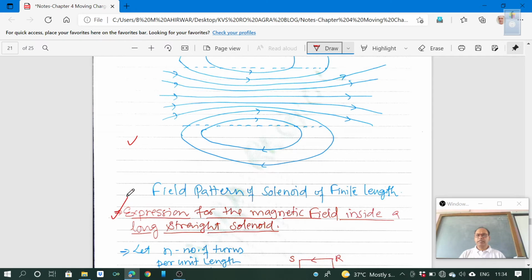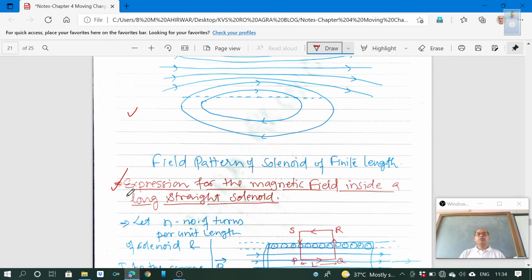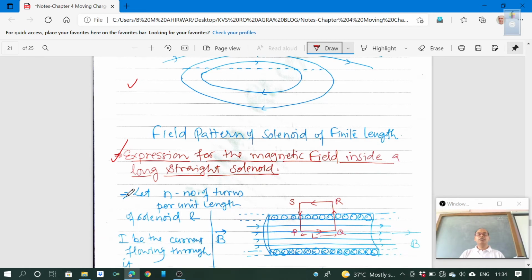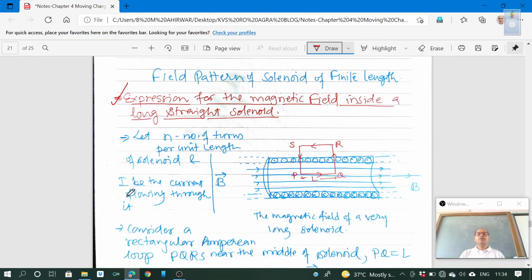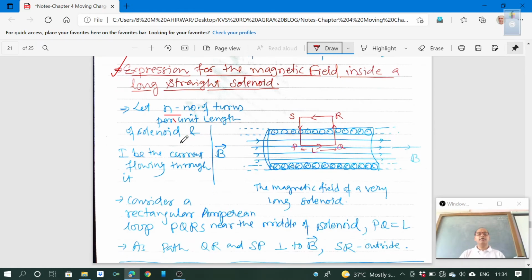So we can now find the magnetic field intensity inside a long straight solenoid. We have taken the cross section. Let small n be the number of turns per unit length of the solenoid, and suppose a current I is flowing through it.